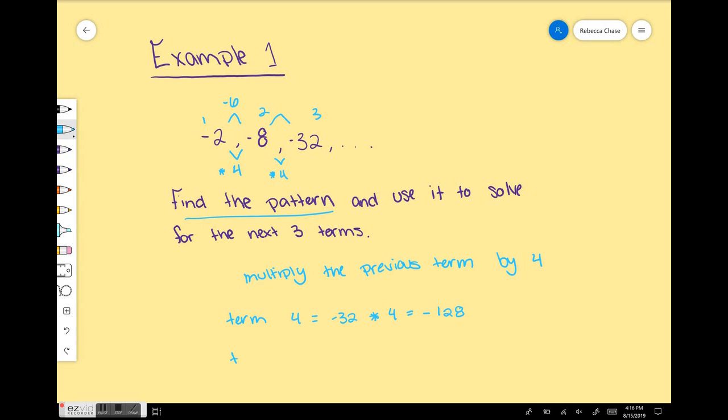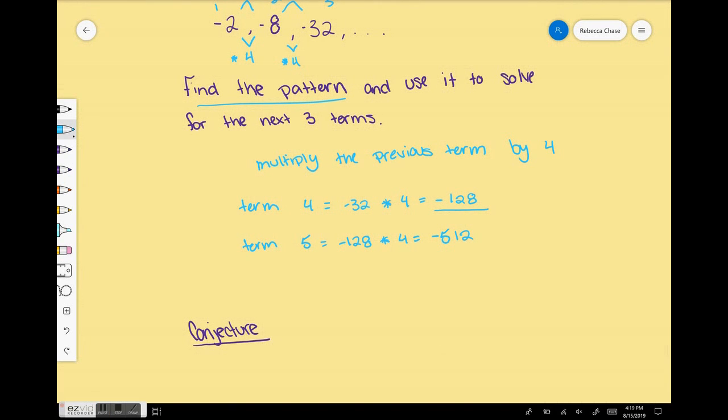And then term 5, I'm going to take this -128 and multiply that by 4. So -128 times 4, that's going to give me -512.